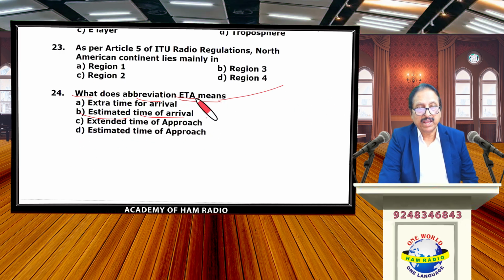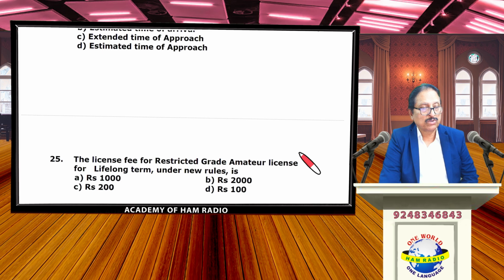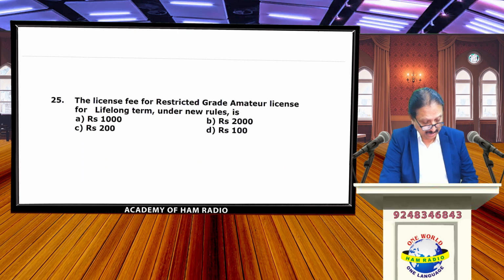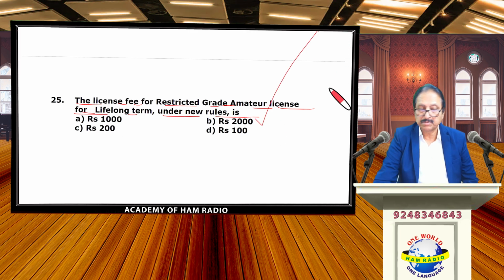Estimated time of arrival. Bravo is the right option. The last question, 25, is the license fee for restricted grade amateur license for life term under new rule. That is 2000 rupees is the right option.